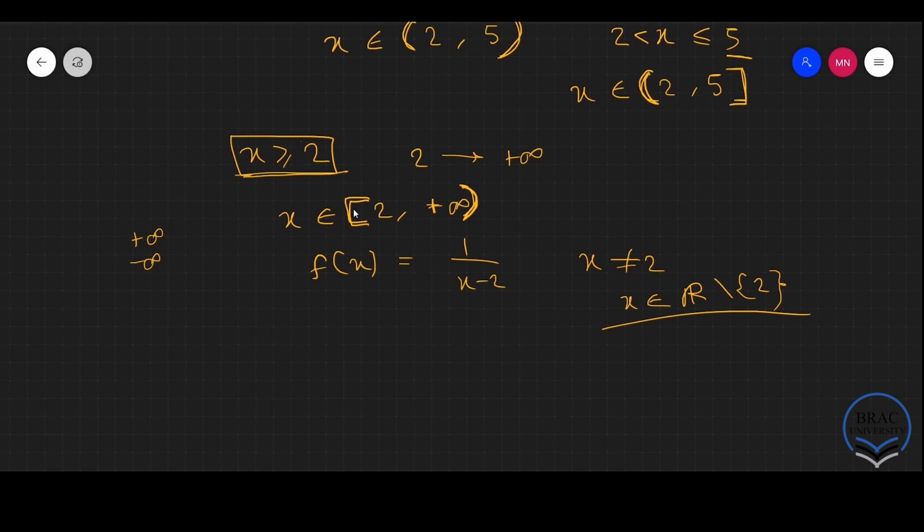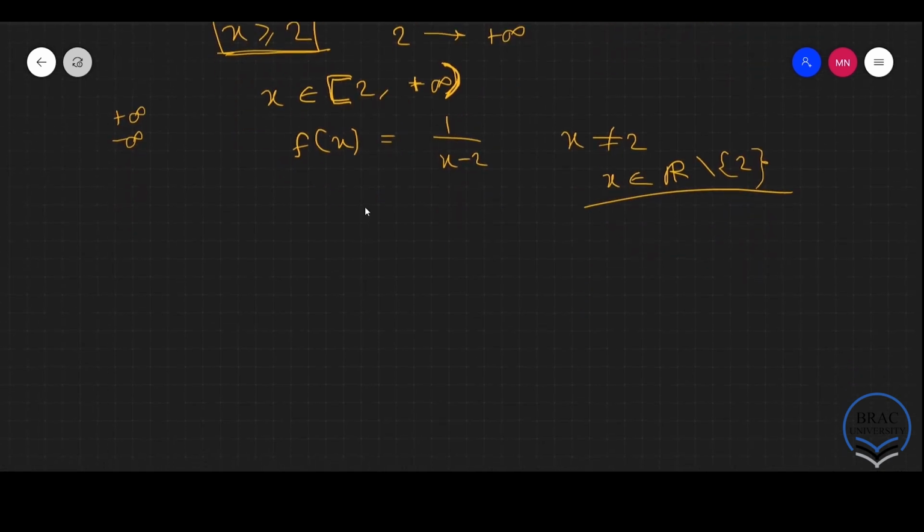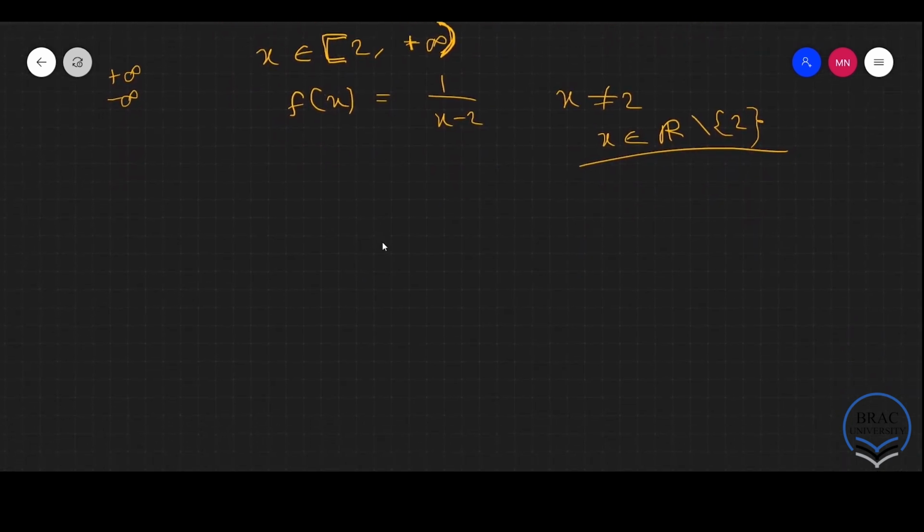Another way of writing this in interval notation: a better way to explain this is, for this domain, what are the possible values of x? x can exist in the interval from minus infinity up to 2, but 2 is not included, so I use this parenthesis.